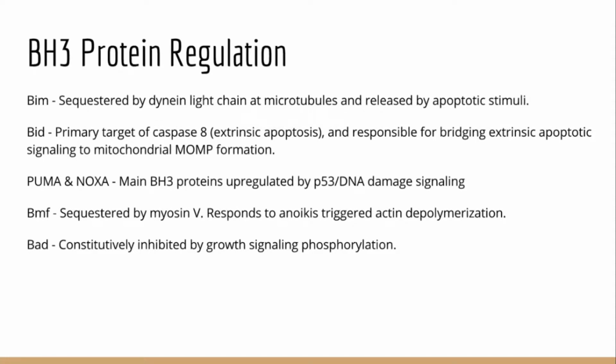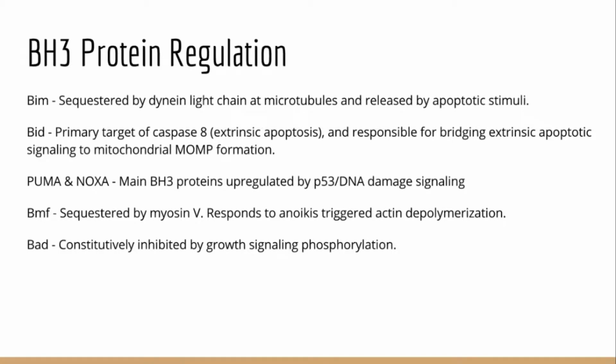So AKT, you might remember, is a growth signaling pathway, and so it means the cell is trying to grow, and so it phosphorylates BAD and recruits the inhibitory 14-3-3 protein, but a lack of growth signals basically allows BAD to lose that phosphate group and become active. And this can happen by various phosphatases like the calcium-activated calcineurin or PP1.